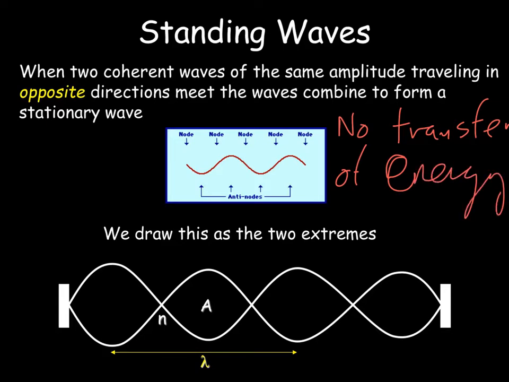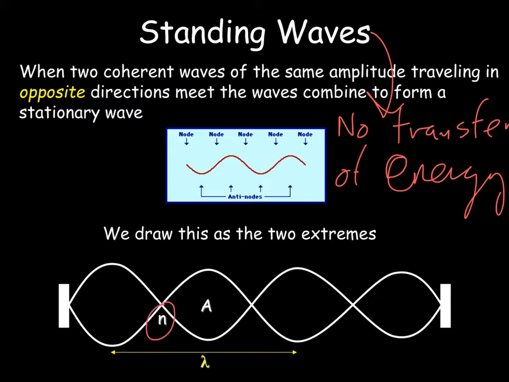No transfer of energy. That's the definition. That's what a standing wave is. The two coherent waves meeting is how they're formed. And quite often you get asked both things. What is it and how is it formed? So what is it is a wave where there's no transfer of energy. How is it formed? Two waves travelling in opposite directions.